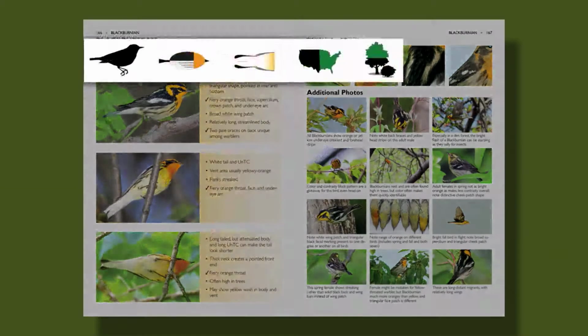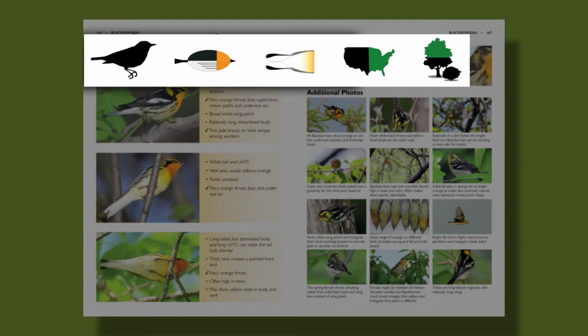The next thing you'll see here is a row of icons, which are intended to help you quickly see certain characteristics about the bird. For example, we have an undertail icon that shows the undertail pattern. We have a silhouette of the bird, a map that shows you the bird's range. For example, this bird is normally just found east of the Mississippi.